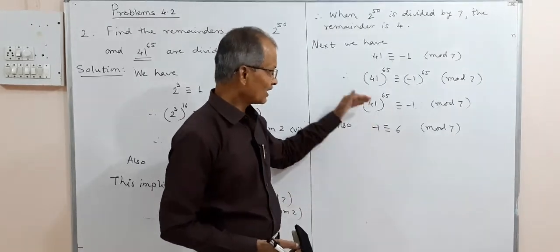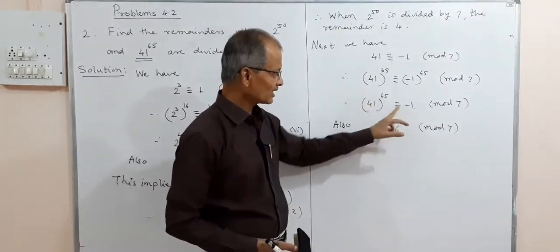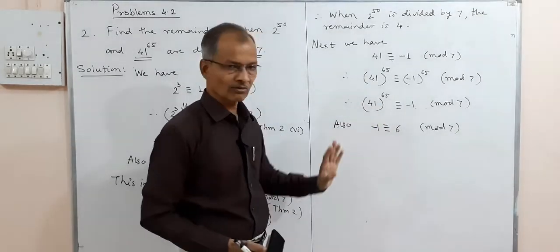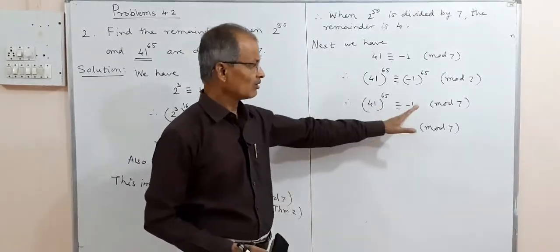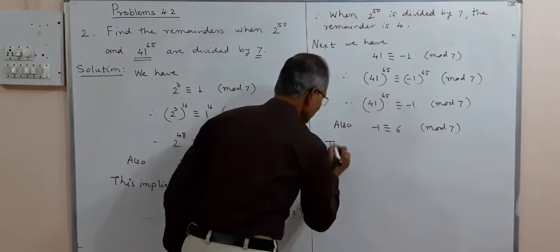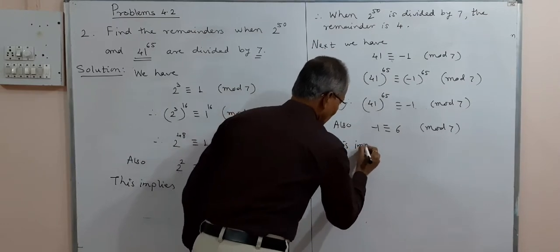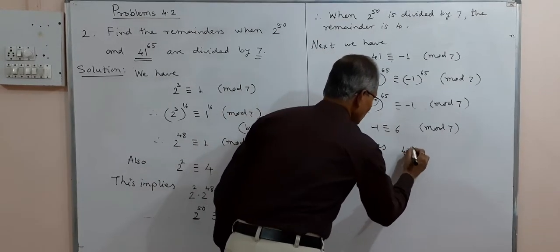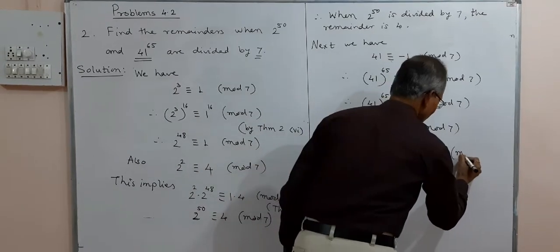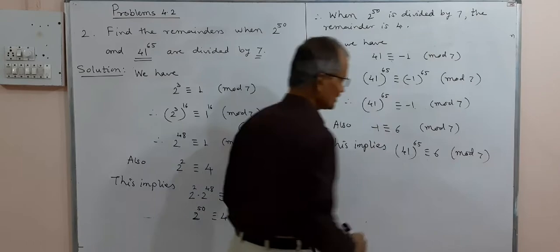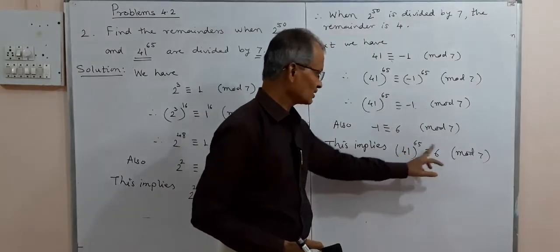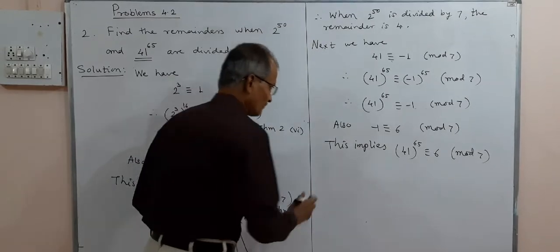Now minus 1 congruent to 6 means 41 raised to 65 is congruent to 6, by the transitive property: A is congruent to B and B is congruent to C means A is congruent to C. So this implies 41 to the power 65 is congruent to 6 modulo 7, and this implies further that 6 is the remainder when 41 raised to 65 is divided by 7.